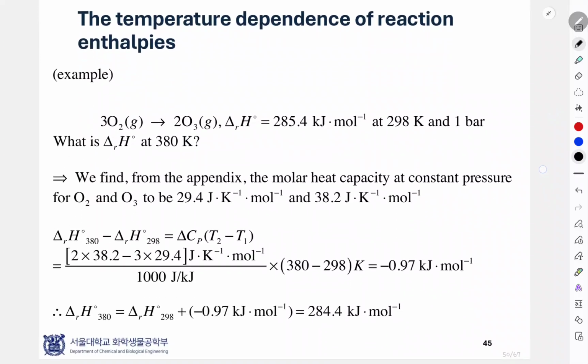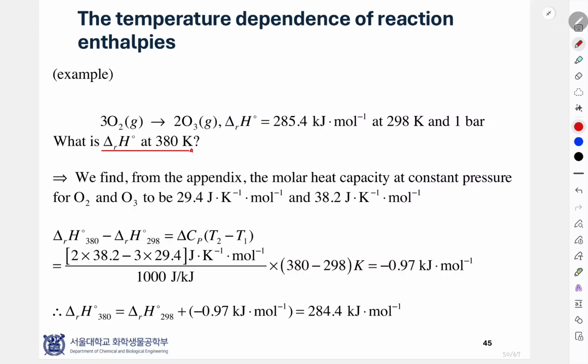Finally, let's solve this example. Let's say 3 moles of oxygen are converted into 2 moles of ozone. Then the reaction enthalpy is 285.4 kilojoules per mole at room temperature and 1 bar. Then, what is the standard reaction enthalpy at 380 K? So we would like to know this reaction enthalpy at a different temperature.